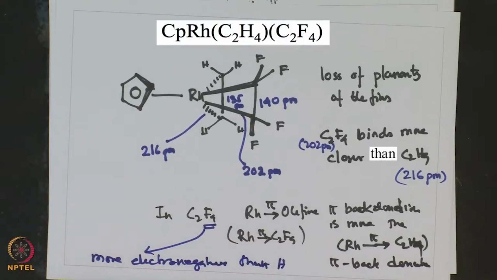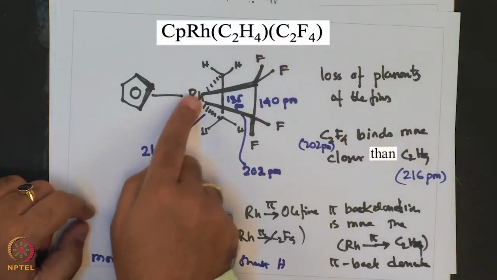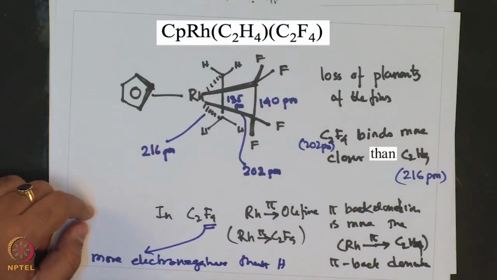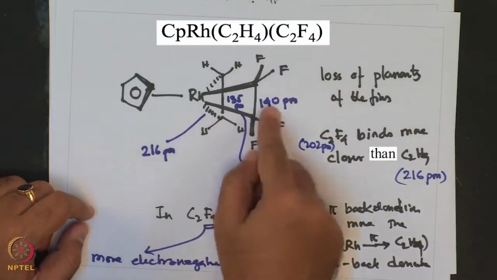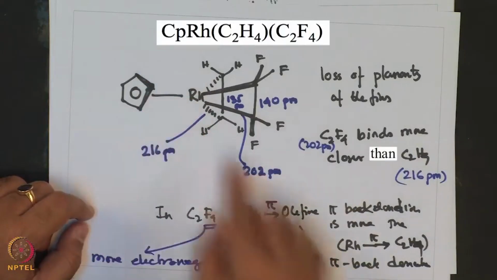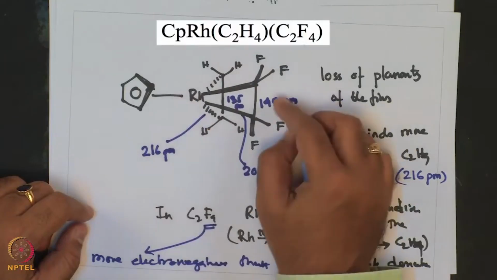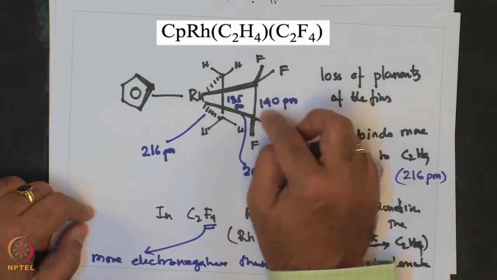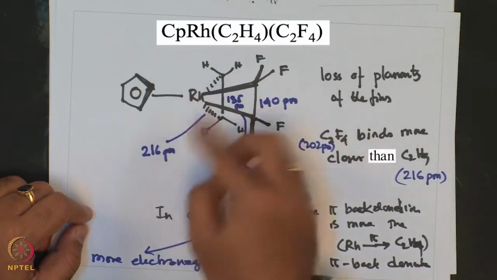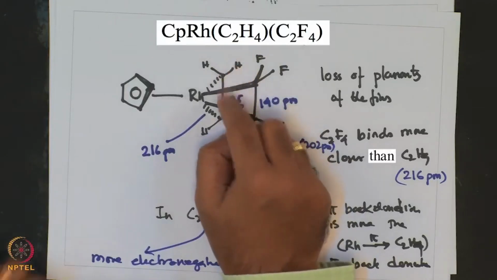Okay. So, what we have seen here is that, fluorine being more electronegative, the metal to ligand pi back donation is more acute in the C2F4. As a result, C2F4 is more tightly bound, closer to rhodium at about 202, and because of the more back donation, the CC bond is almost like a single bond character at 140 picometer, and because of the less back donation, the CC bond is shorter for the C2H4 moiety.